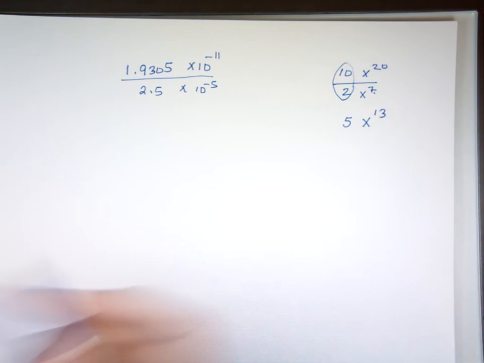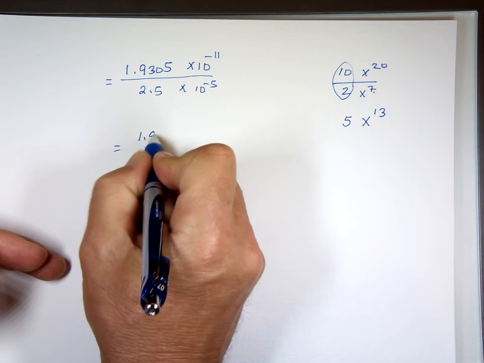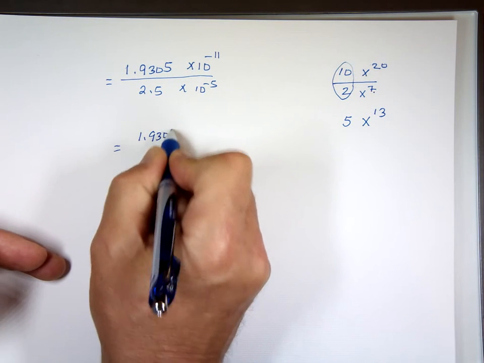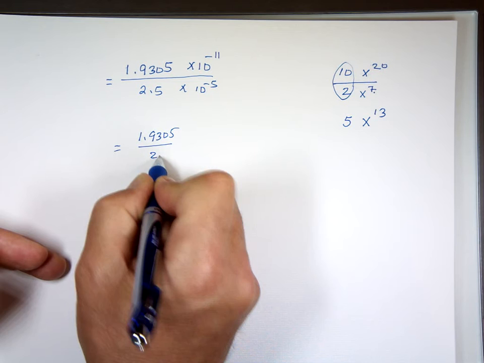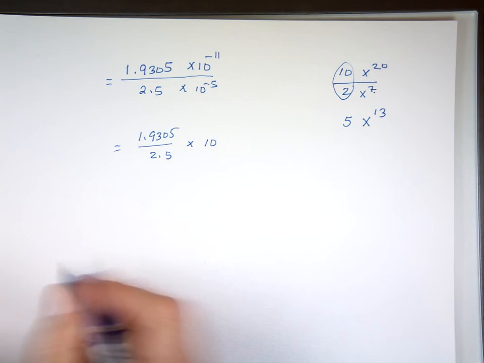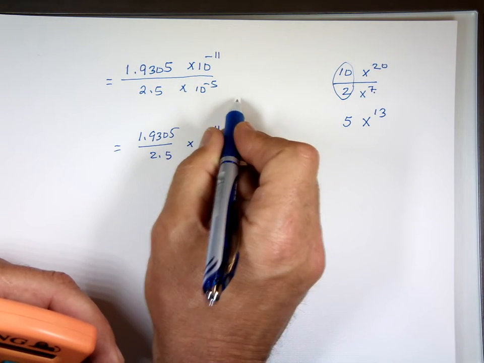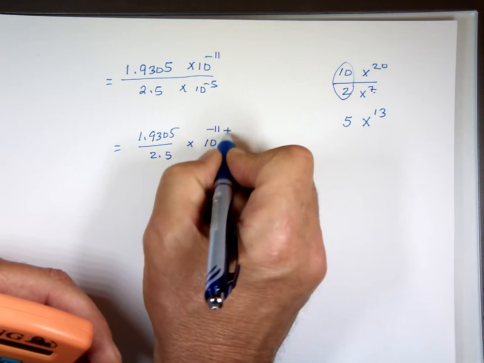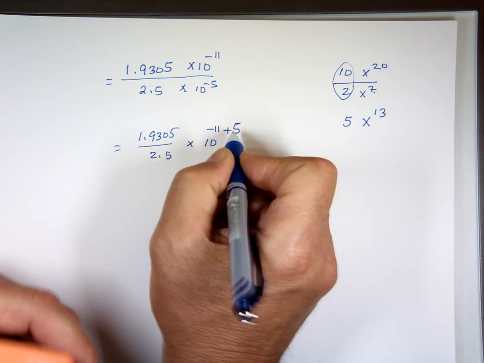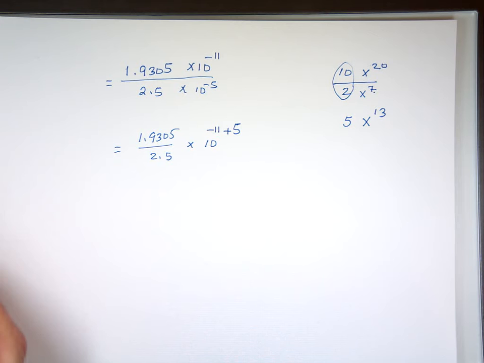You can divide the numbers and what do you do with the exponents? You subtract them. So it's negative 11 minus a minus. What's minus a minus going to make it? Plus 5. Divide the numbers, subtract the exponents.